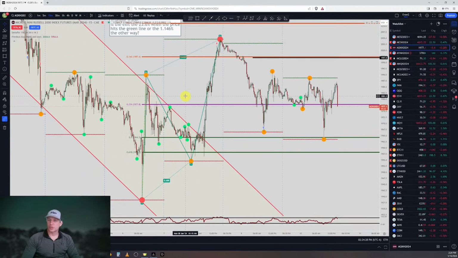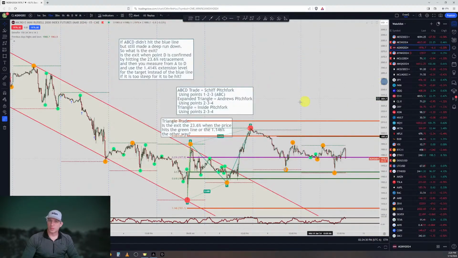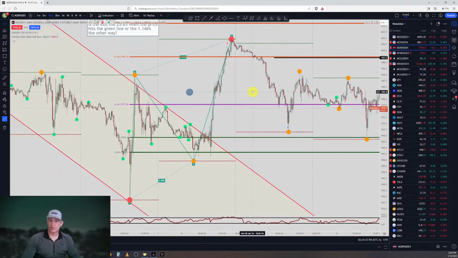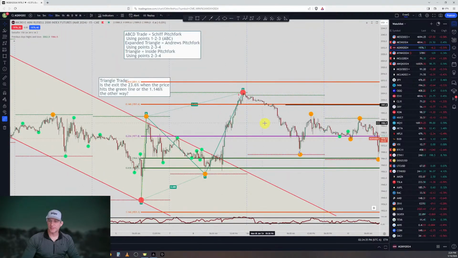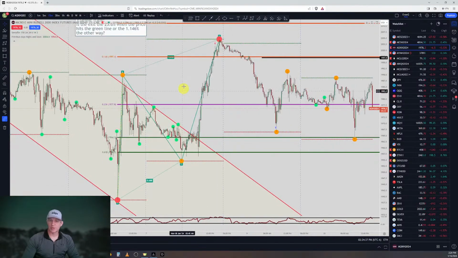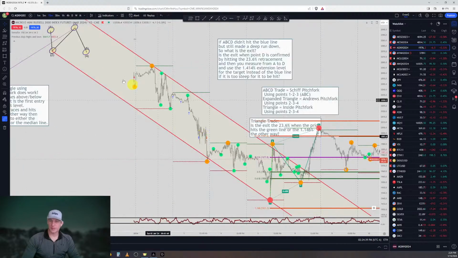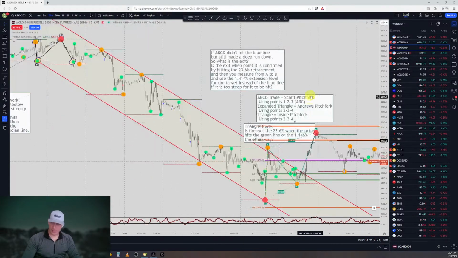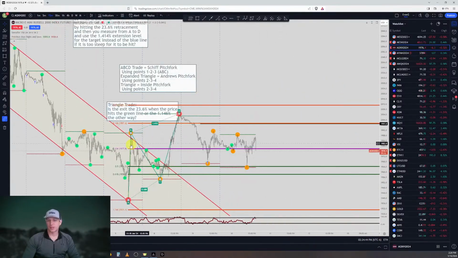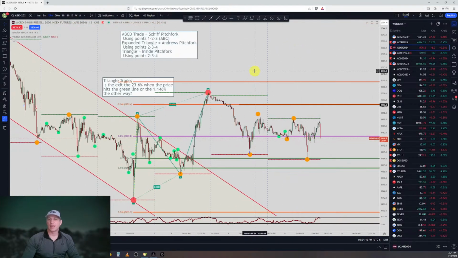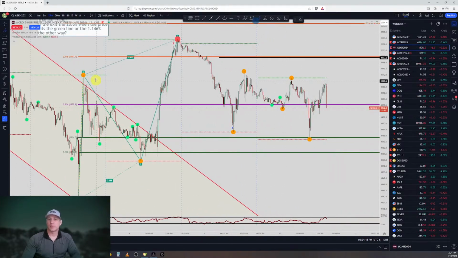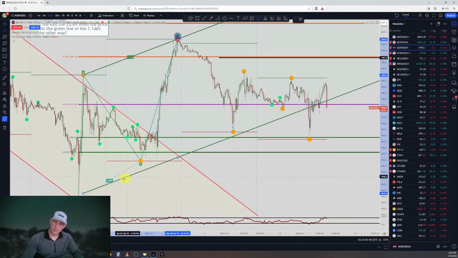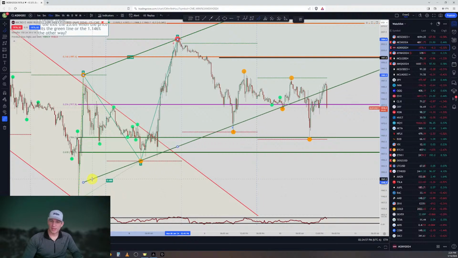All right, going over to the Russell 2000 right here. We're still in an ABCD trade right here. There'll be some other ones, but this is the main one I'm looking at. You can see we broke out of this downtrend right here. So now it looks like this is going to be in consolidation. I was looking at it being a potential trend move to the upside, and yesterday it looked like a really nice trend going to the upside.